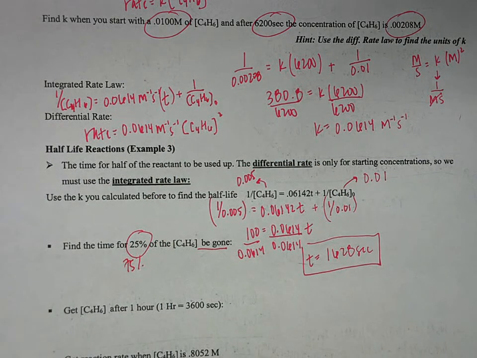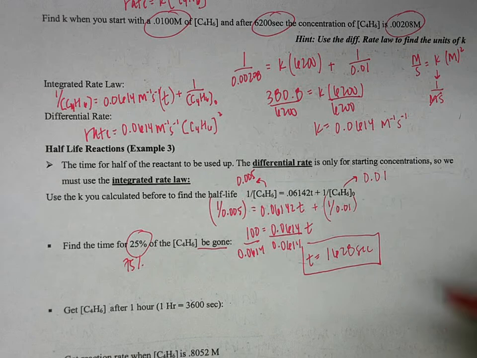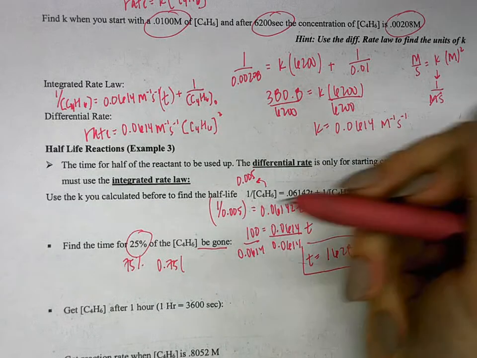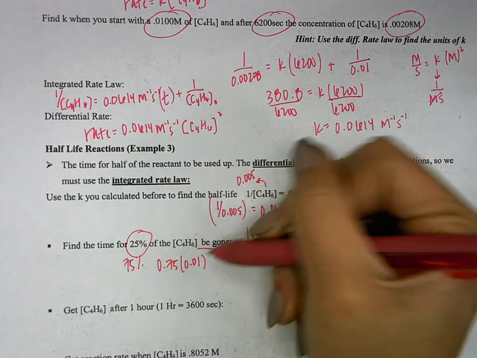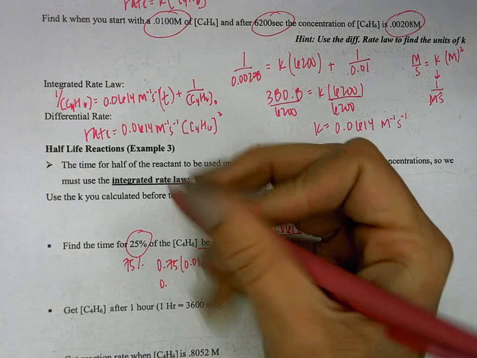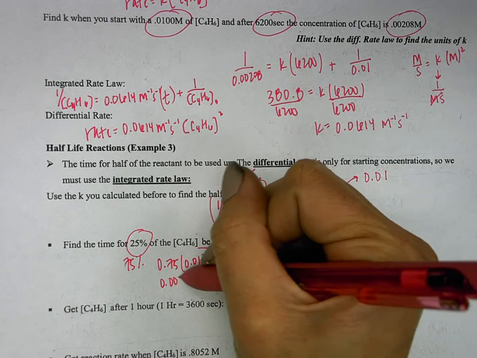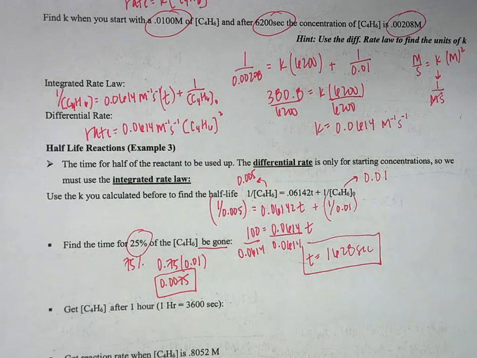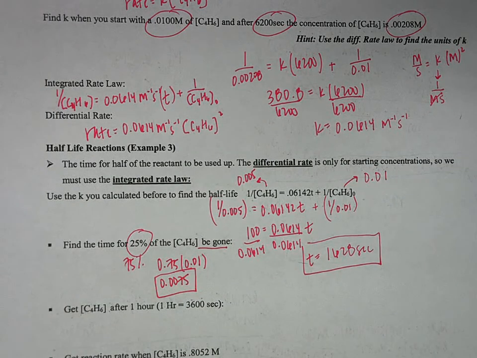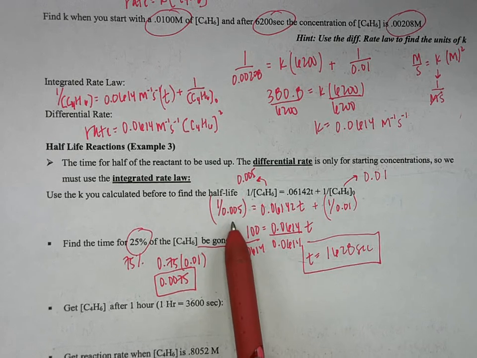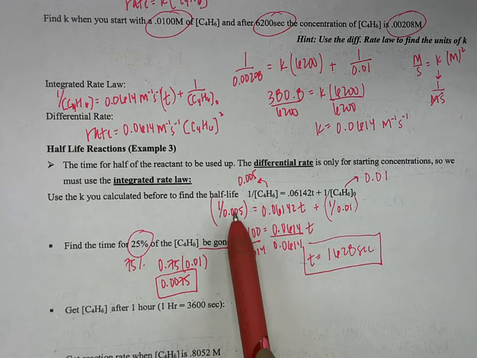So we would take 0.75 times our initial concentration, which was 0.01, which would give us 0.0075. This is the value you're going to plug into your equation to figure out how much time it takes. Because it says find the time for 25% of that to be gone, but when you're plugging in, you're not plugging in that 25% is gone. We're plugging in what's still remaining.